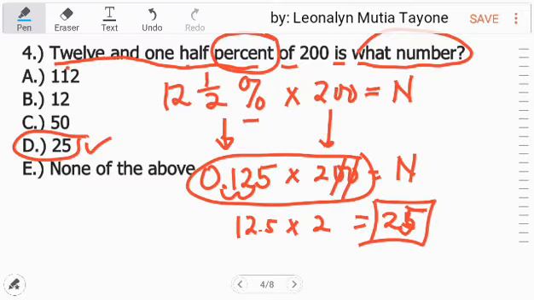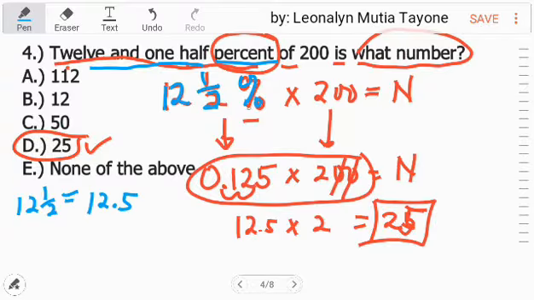Mag-recap lang tayo. Pag sinabing 12.5 percent, pag sinabing percent, per 100. 12.5 per 100.